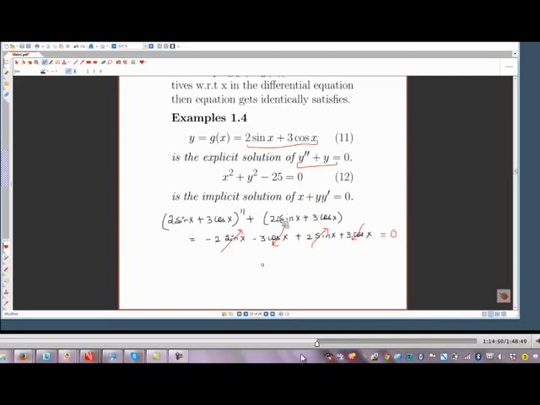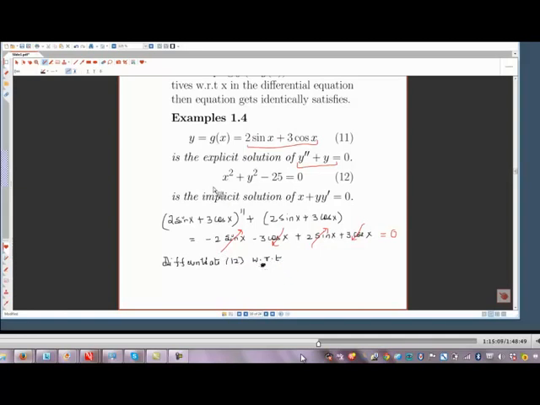Radius 5. Okay, so this is a circle with a radius 5. There you go. So now, if I try to differentiate this equation right away with respect to x, what will I get? Let's do it. Differentiate with respect to x.